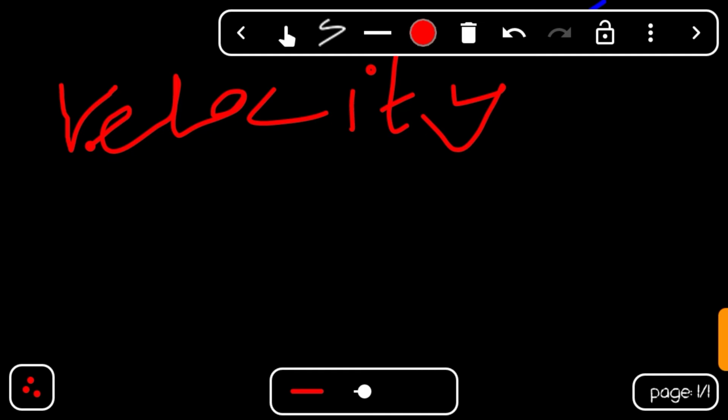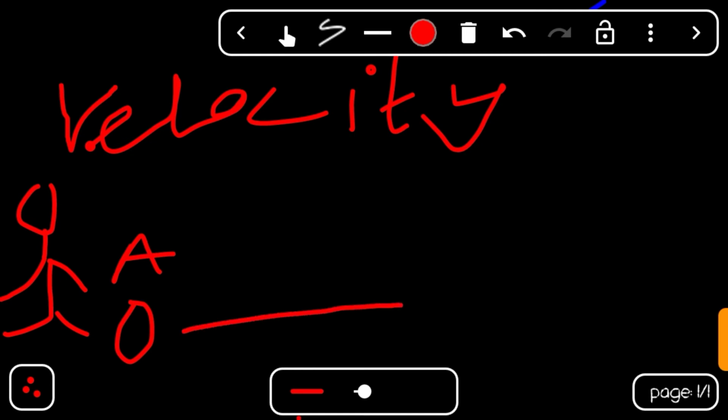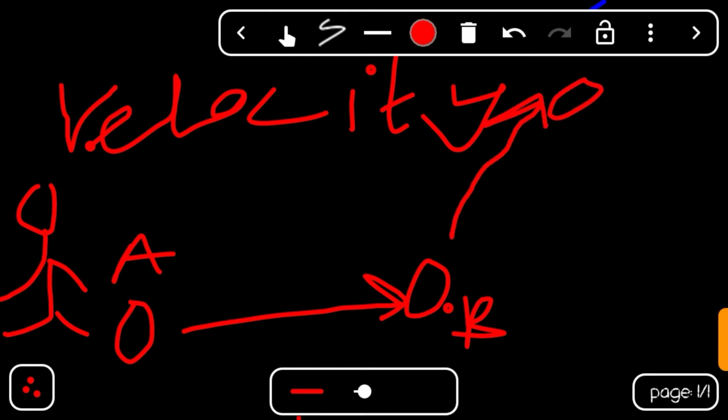For example, let's assume you pass the ball to your friend from point A to B, and your friend kicks the ball straight to point C. This is the ball on point C, as you can see.